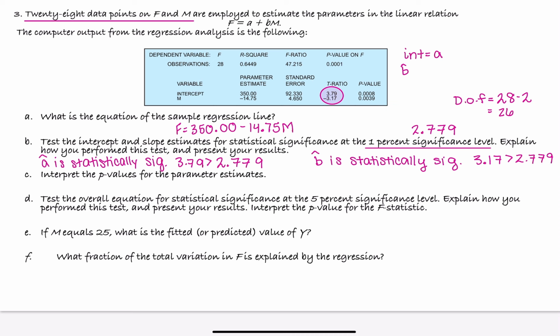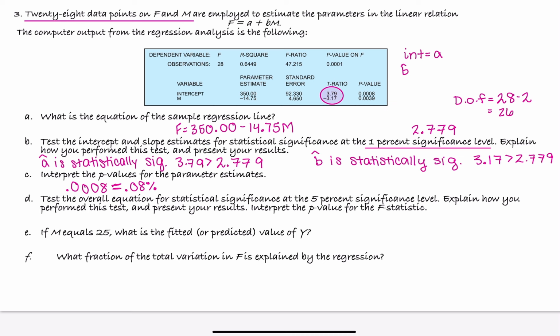Interpret the p-values. So the p-value for our intercept is 0.0008, which is 0.08%.